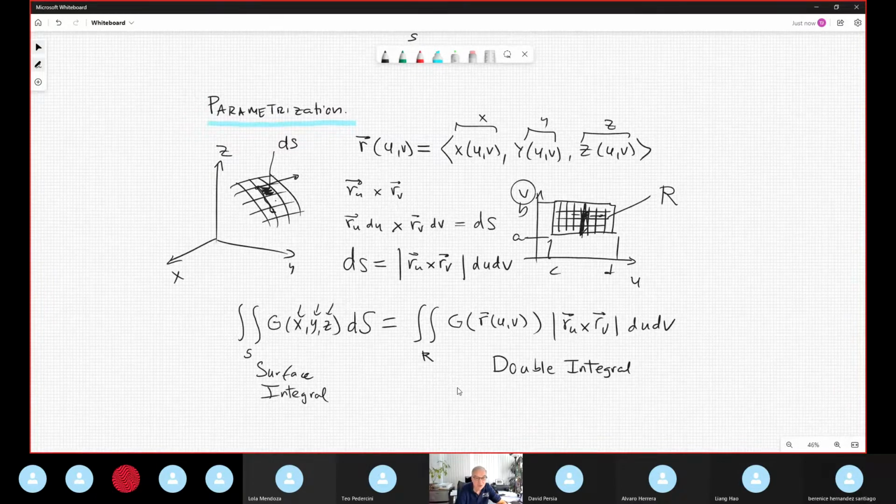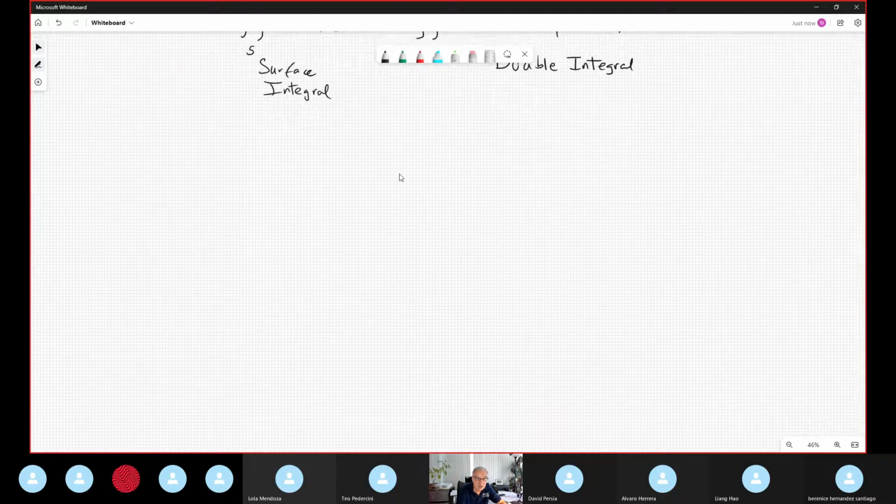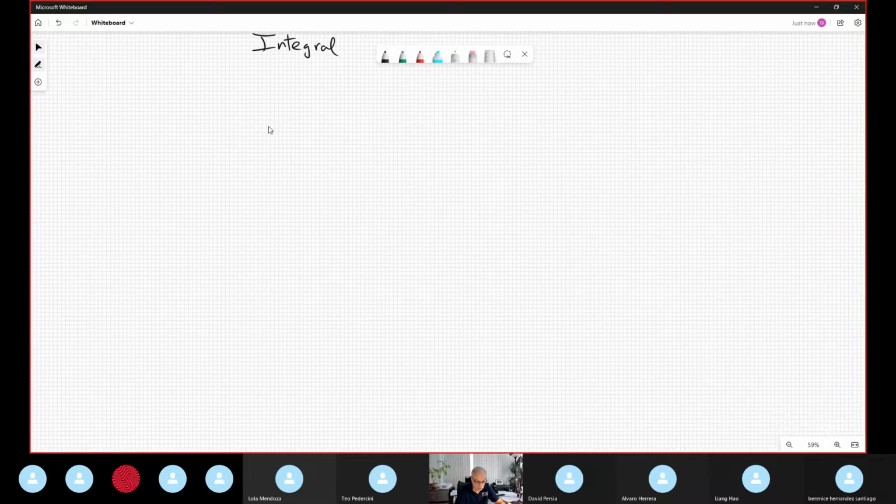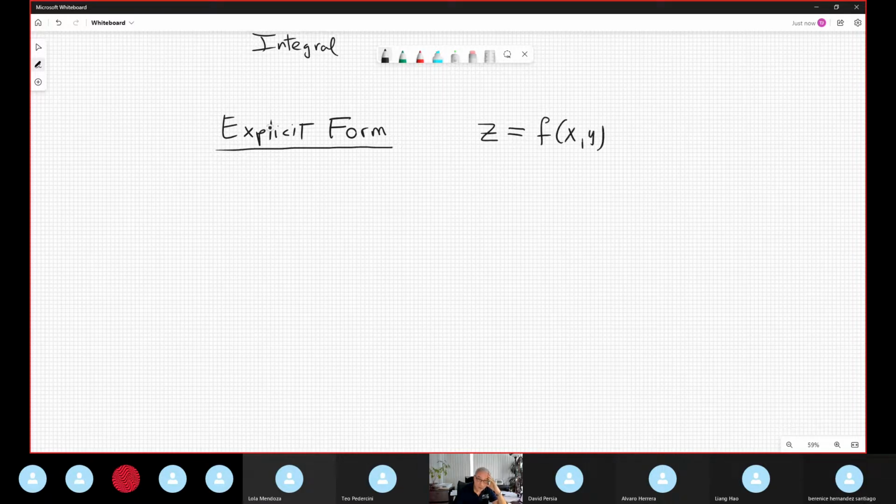Okay, this is one approach. Another approach, which is the most common approach that you see in the books, because the books don't explain this very well, is the explicit form. What does explicit form mean? Well, suppose that you have, for example, a surface z equal f(x, y).